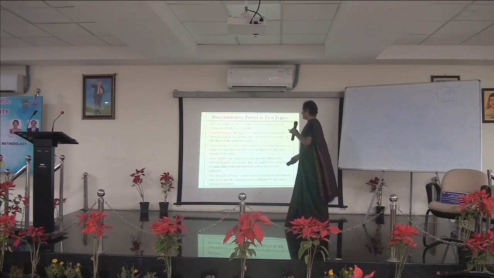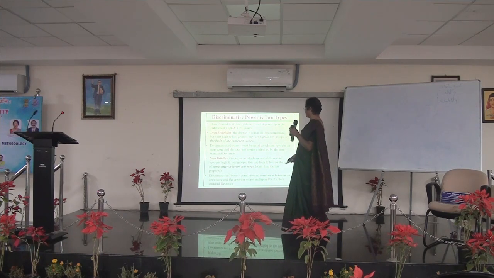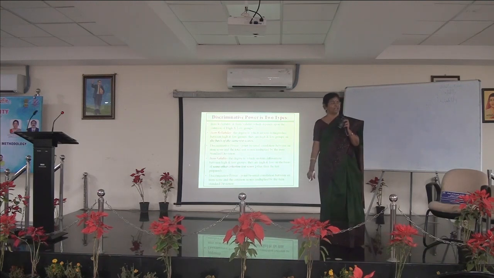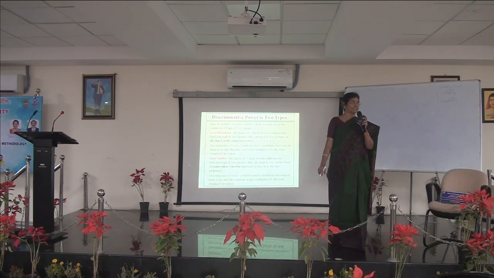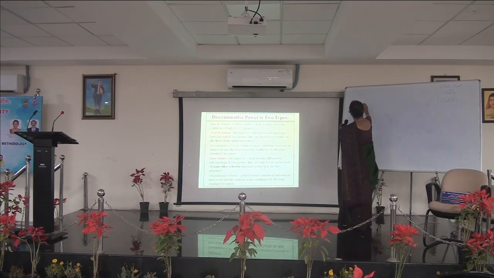And here, the point biserial correlation between item and the total test score. Here you know how to identify the product moment correlation. First you have to find out the total test score for each sample.